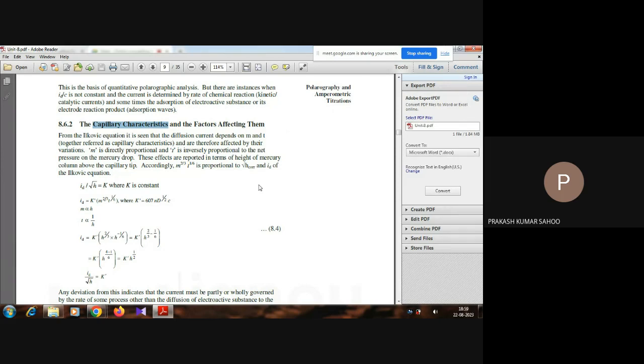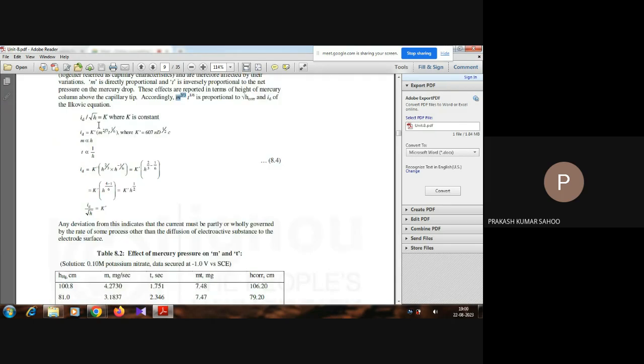As from the Ilkovic equation, we see that the diffusion current depends on the rate as well as the time, and they are therefore affected by their variation. m is directly proportional and t is inversely proportional, because t to the power 1 by 6 is there, so this is inversely proportional to the net pressure of the mercury drop. So here it is written m to the power 2 by 3 and t to the power 1 by 6 is proportional to root over of h corrosion and ID.